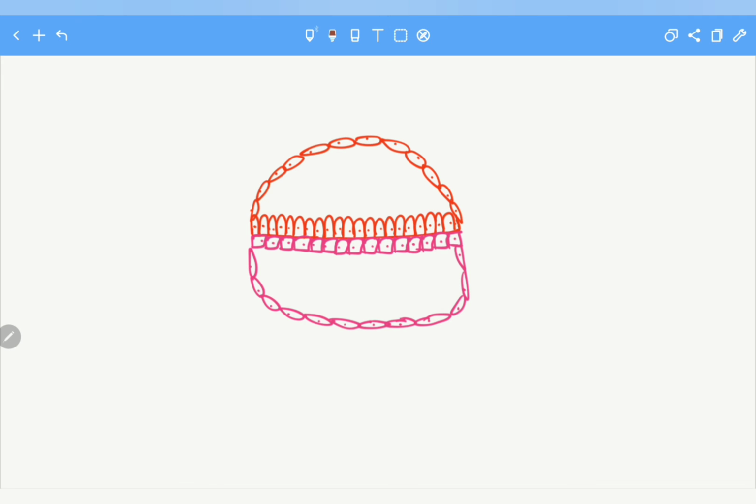So around the 9th and 10th day, the yolk sac starts secreting a connective tissue layer and it extends all around the yolk sac and it extends till the amniotic cavity. It surrounds the amniotic cavity too.